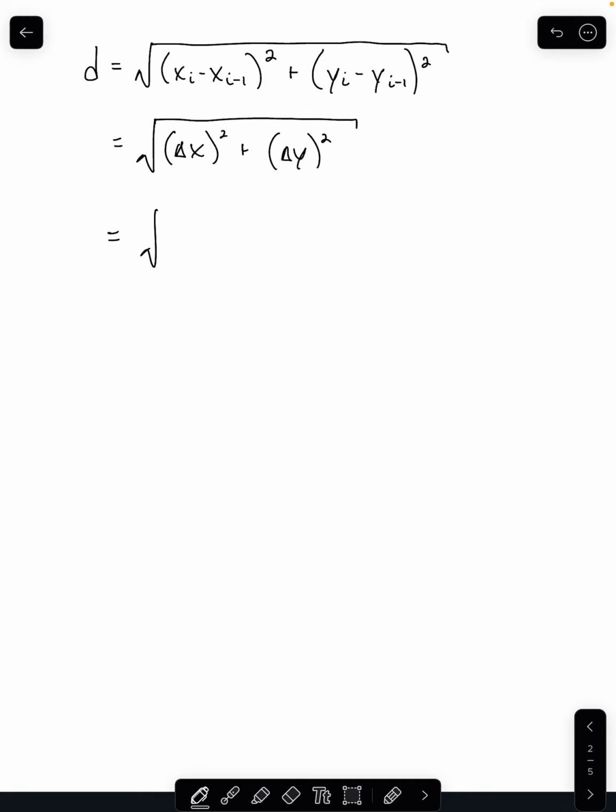If I were to say, divide the delta x squared by delta x squared, and I were to divide the delta y squared by delta x squared, and then balance that division with a multiplication by delta x squared.